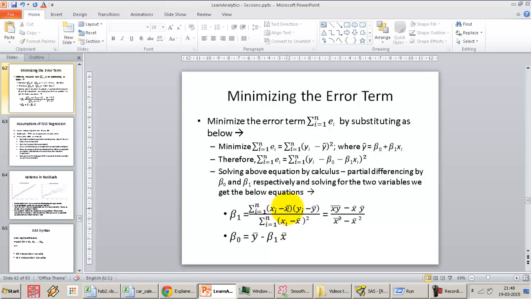Here we are using the mean of x and y, and these means refer to the population mean and not the sample mean. But since we are using sample means, there is a possibility of the sample mean being different from the population mean. So we have a confidence interval around that.